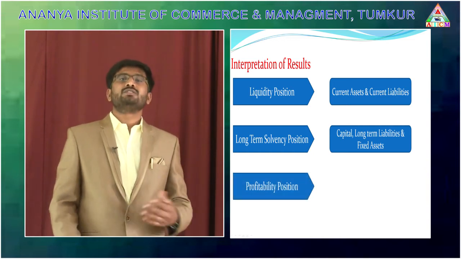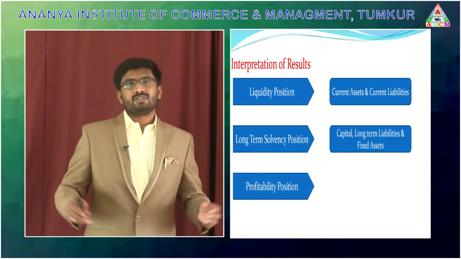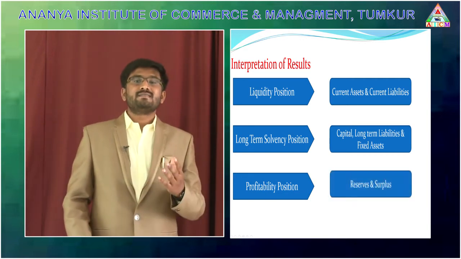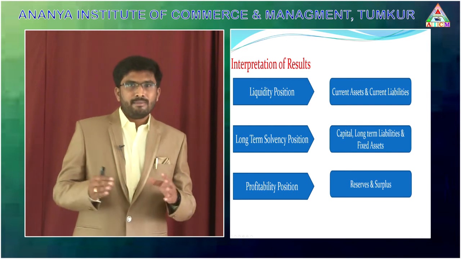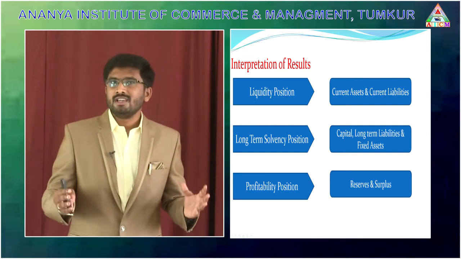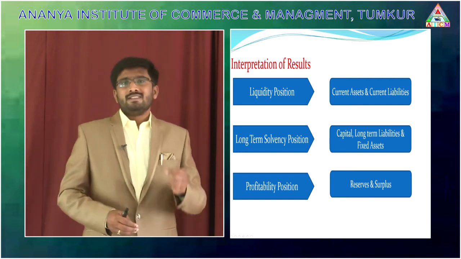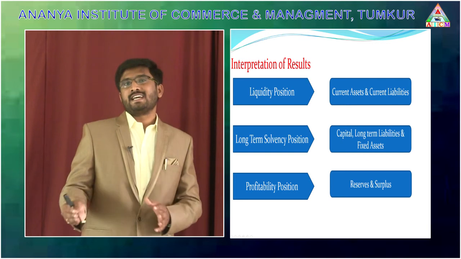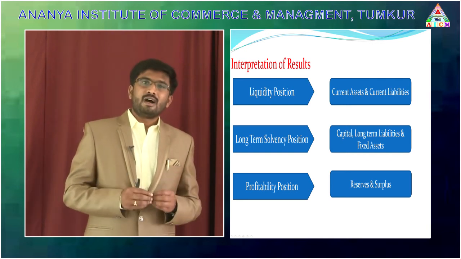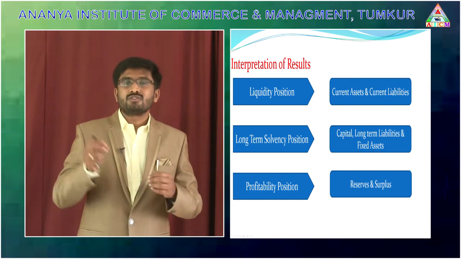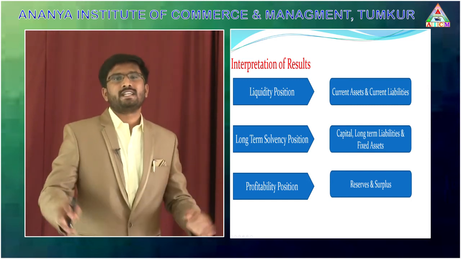Then next we move on to the profitability position. For the profitability position, we look at reserves and surplus. When we compare the reserves and surplus, we can easily find the profitability position of the organization. How? The amount of reserve we kept for future uncertainties, and the surplus amount which we retained in the organization, will help us find the profitability position of the organization.